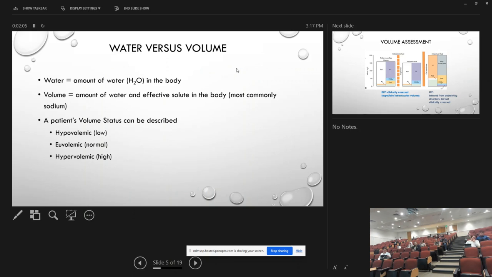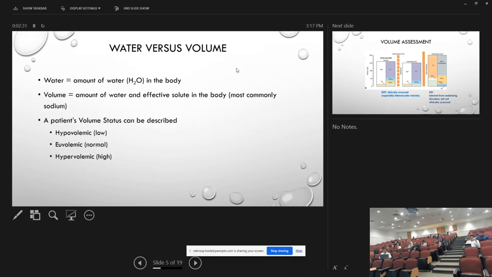Water is really just the amount of water in the body itself. Volume is the amount of water and effective solute in the body. And the solute in the extracellular fluid is mostly sodium, right? That's the main determinant of osmolality. So sodium really regulates the amount of volume in the extracellular fluid.